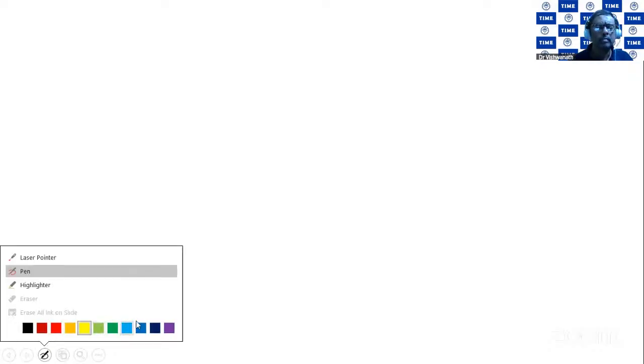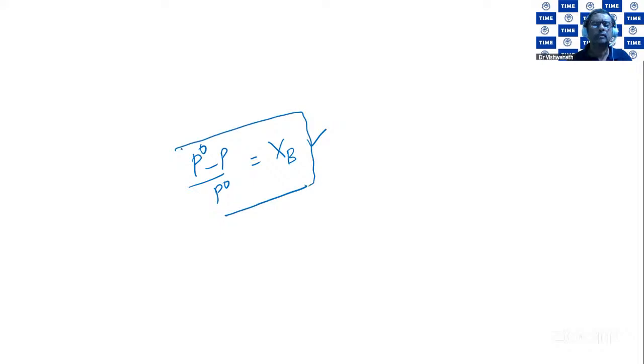So if I may show, (P0 minus P) by P0 is equal to XB. This is Raoult's law for a non-volatile solute here. This particular equation is of great importance because when we solve the problems, as you will see now, you will get to know how important this equation is.